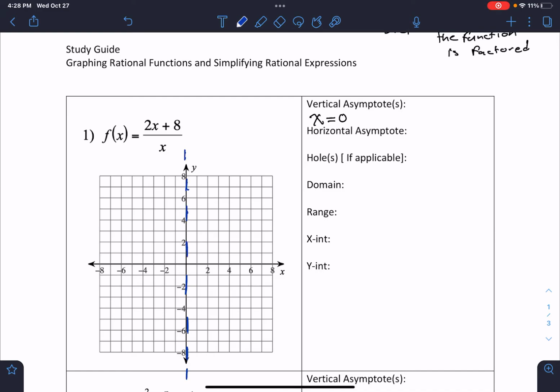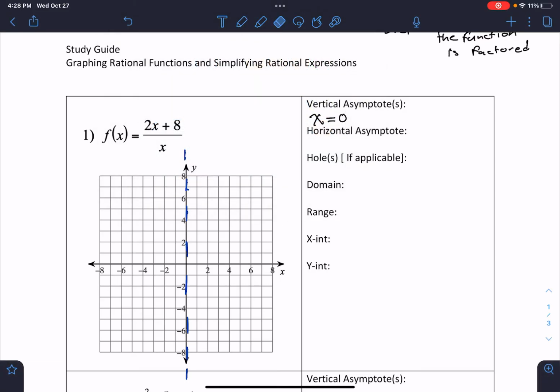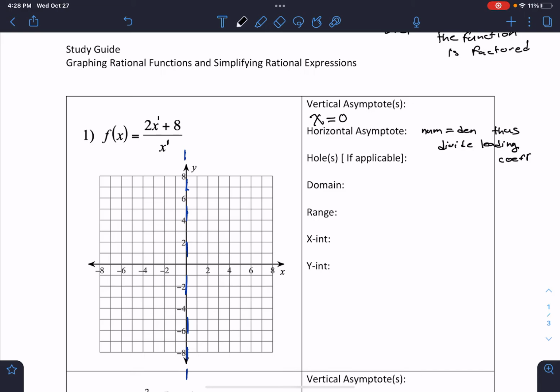All right. Next, we're going to do horizontal. And for horizontal, we got to look at the degree. This is a 1, and this is a 1. So the numerator is equal to the denominator. Thus, divide the leading coefficients.